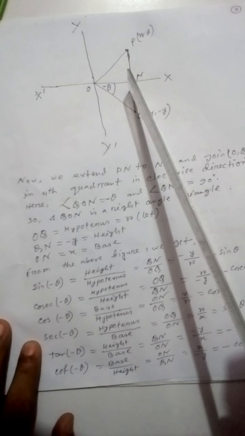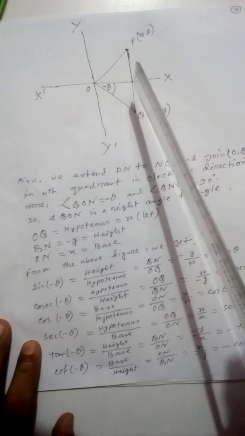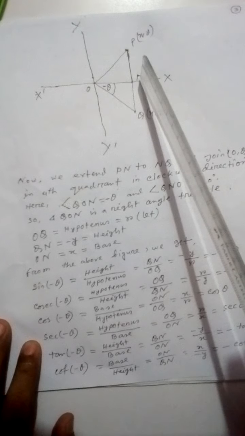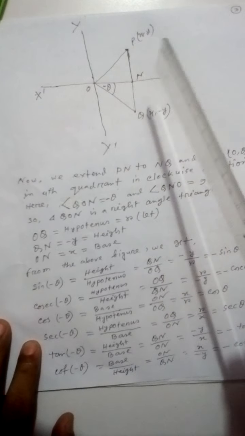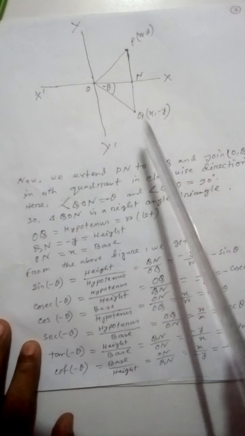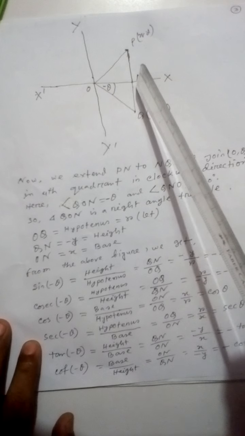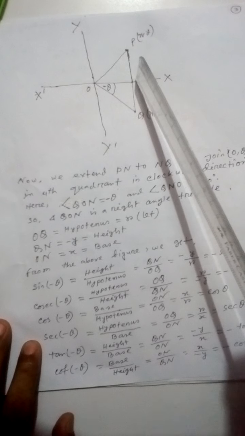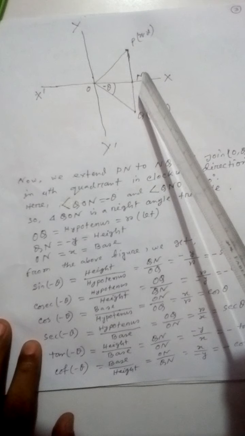From this figure we get sin minus theta equals height divided by hypotenuse, that is QN divided by OQ, that means minus Y divided by R equals minus sin theta. Cosec minus theta equals hypotenuse divided by height, that means OQ divided by QN, R divided by minus Y equals minus cosec theta.